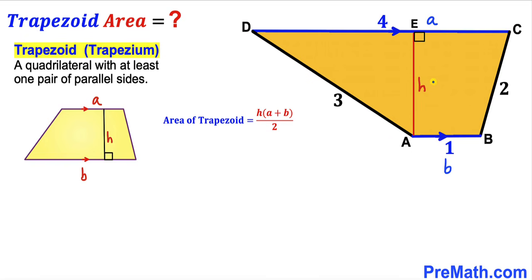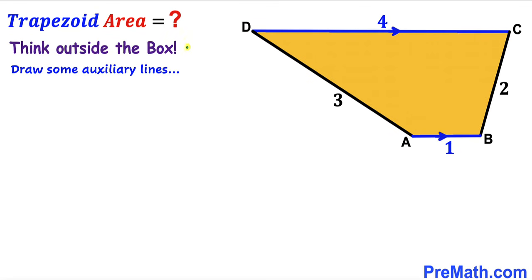So our task is to find the value of height h before we can calculate the area of this trapezoid. Now we are going to think outside the box to make our job simple, so we are going to draw some auxiliary lines. As you can see in this next step, I have drawn this line AF that is parallel to side BC.